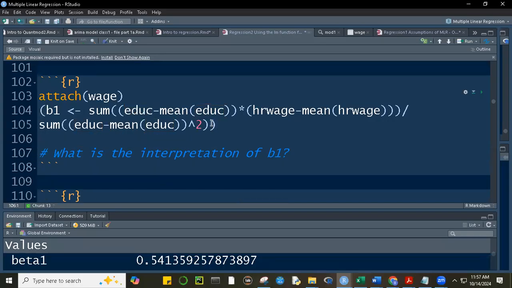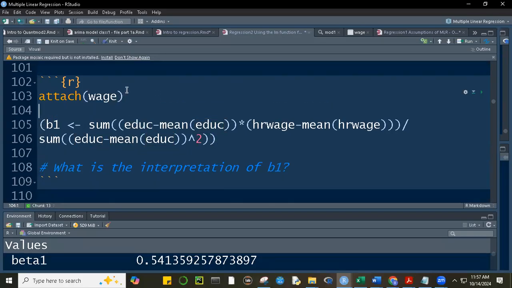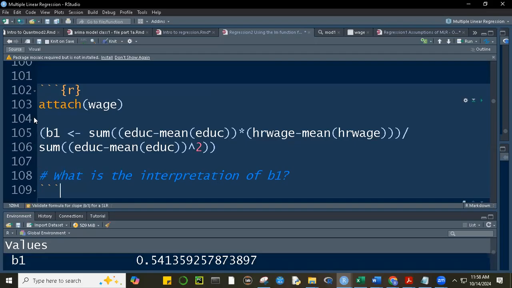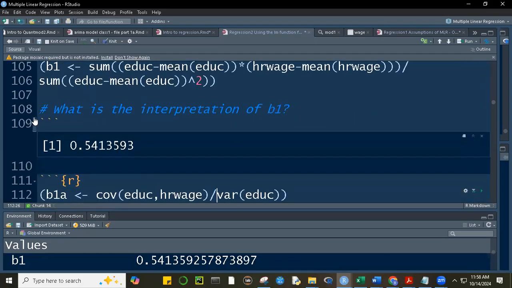Okay, so now, okay lang yan kasi naka-attach si wage. So R will understand that this variable, education, and then hourly wage are all coming from the wage data set. Okay, so let's run this, class, control enter, and then there you go. You have also negative 0.54.